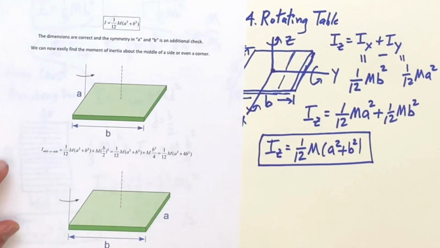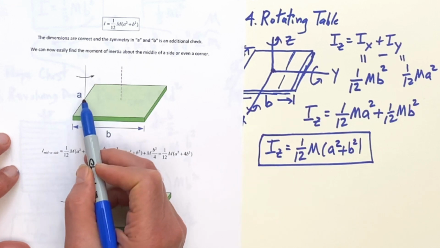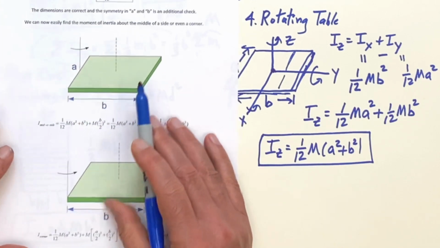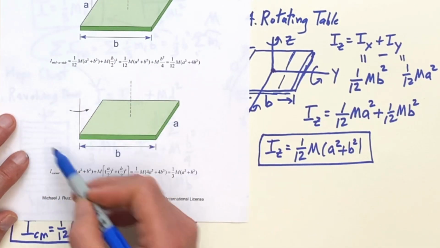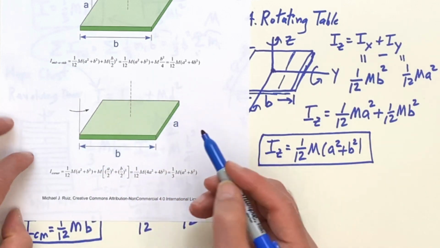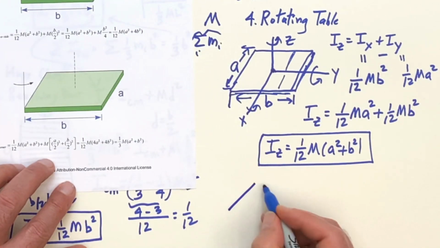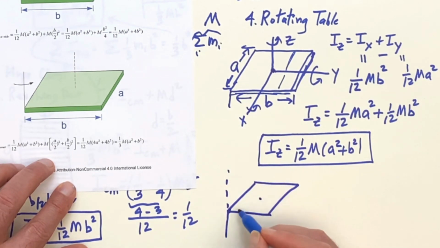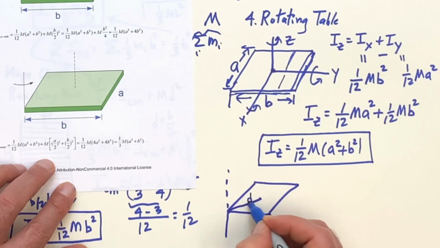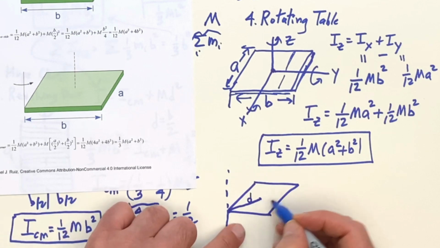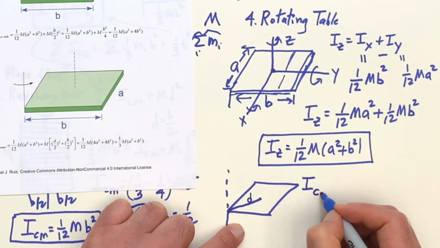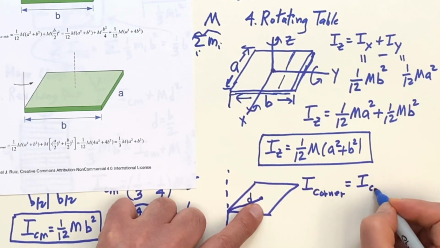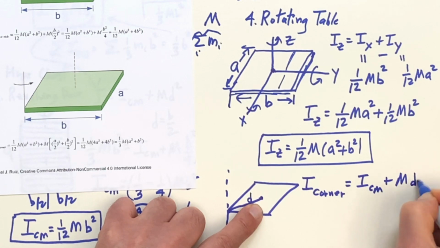And if you want, you could then kick it over to here to have it go about that midpoint, or you can kick it over to the corner and have it go around the corner. So if you wanted to have it around, say, the corner like this, then we use the parallel axis theorem and kick it d away. So if we're going to go for that corner, we would have I center of mass plus md squared.